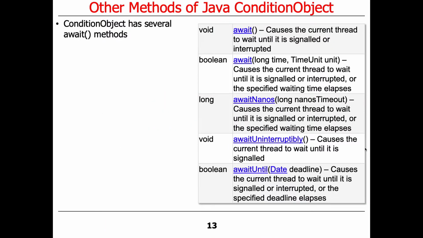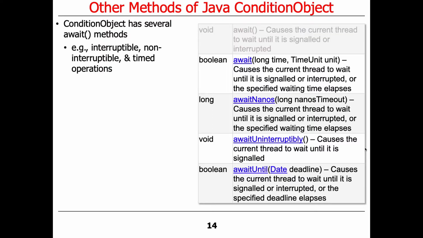There are some other methods in the condition object. We've looked at await, the one we just looked at. There are also four other ones. There's one that's a timed await. There's one that lets you wait with nanosecond resolution as opposed to microsecond resolution, or time unit resolution, which could be a millisecond, microsecond, a second, and so on.